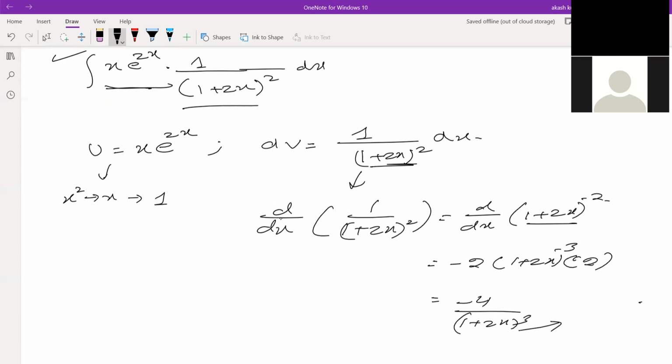Is it clear? Even if you choose u as this function, after applying integration by parts, you will realize that this function is going to be complicated. Let's try it another way, and that other way is going to be easier for you, but you have to be very quick in the exam.